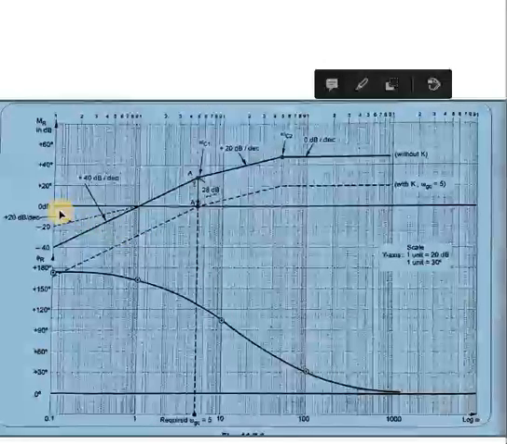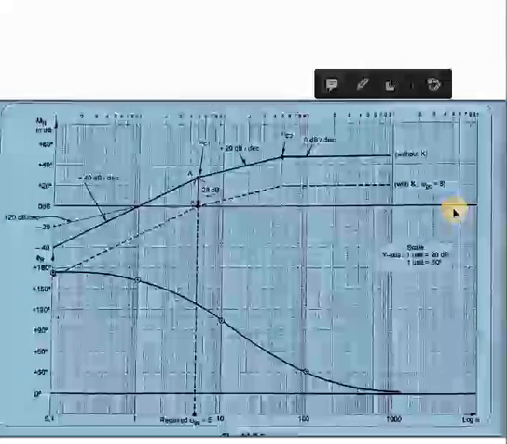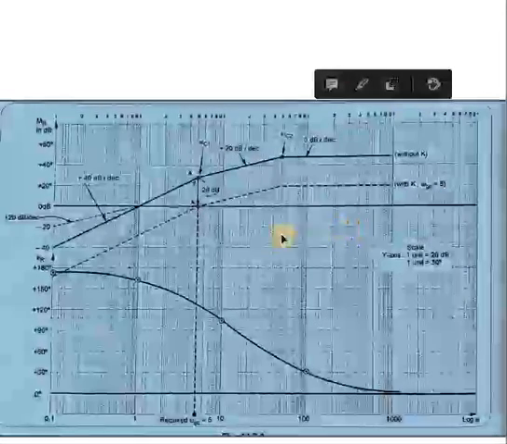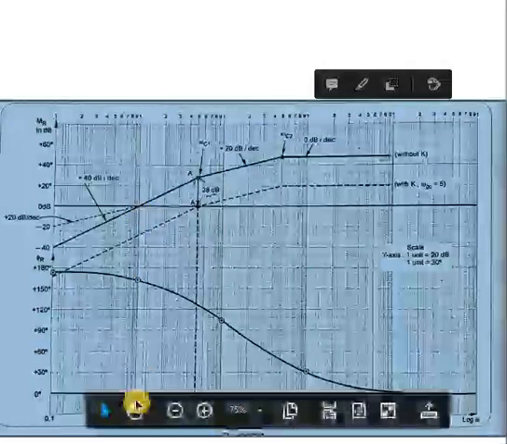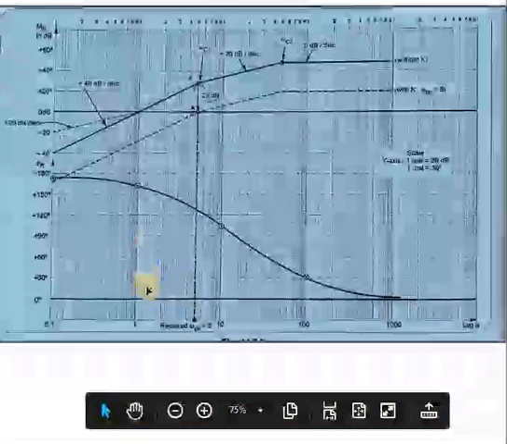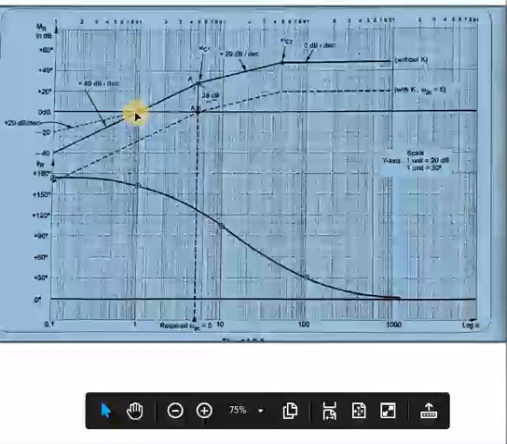Here, first I will mark the 0 dB line. Then for the slope lines, I first have to mark a point on the 0 dB line where the omega value is 1. So I am marking a point here.